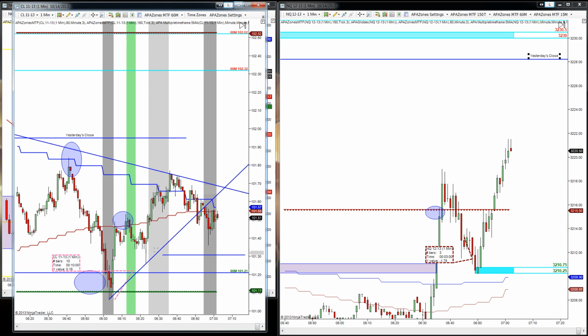It's just kind of an even number. And we'll see what happens. I played my first target. I played my second target up to this area right up there. And now I'm looking for that big 100 tick move.